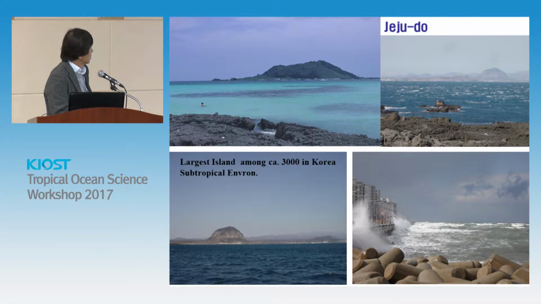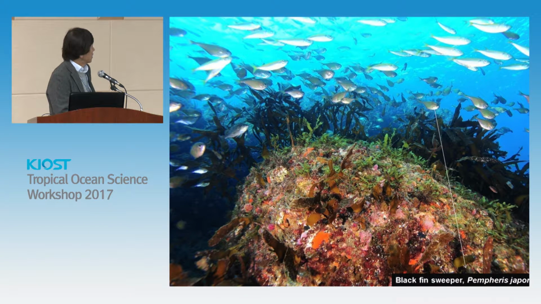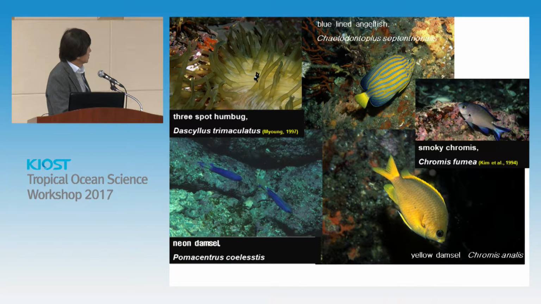And Jeju, the largest island in the south, shows a tropical, subtropical environment like this, sometimes facing huge typhoons directly. The underwater scenes are very beautiful and complex, with some temperate and tropical species like this.